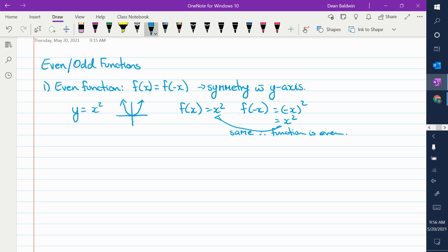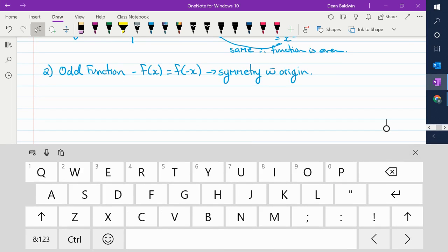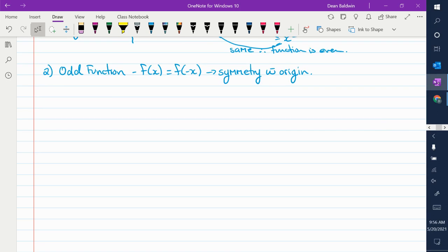Okay, so an odd function is when negative f of x equals f of negative x. It has symmetry with the origin. So we'll use the trig function sine of x.